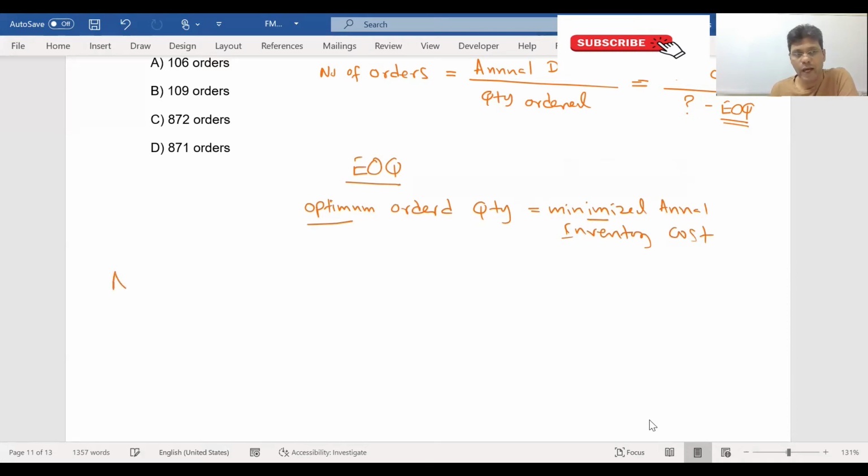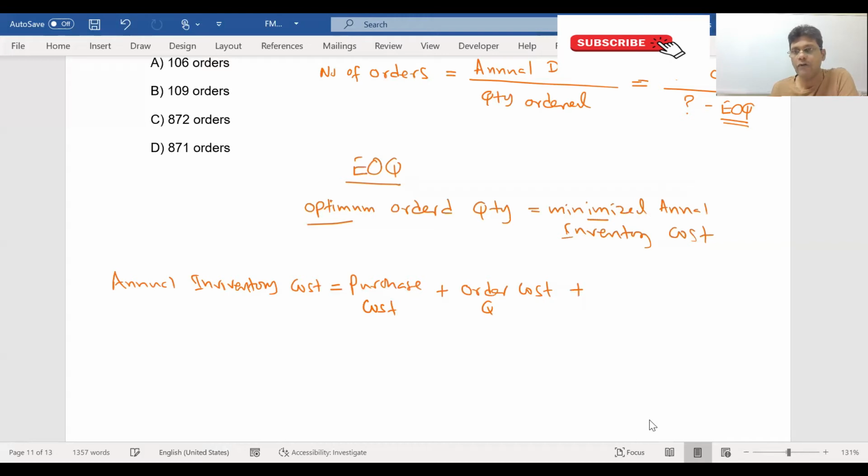So when you say annual inventory cost, it consists of, first, we need to purchase material, so the purchase cost. Then when you purchase, you need to order the quantity, so you have the order cost.